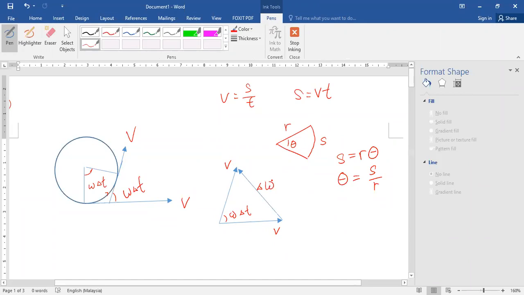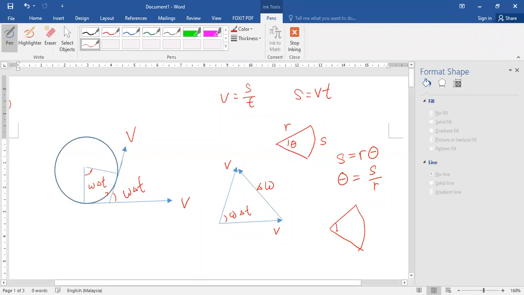Now we look at omega again. S is equal to R delta, as we know.